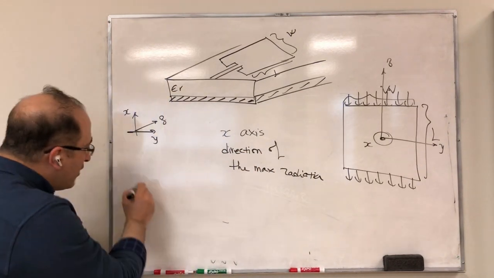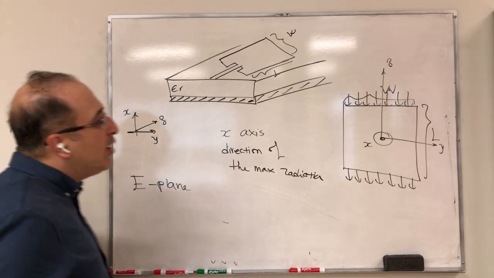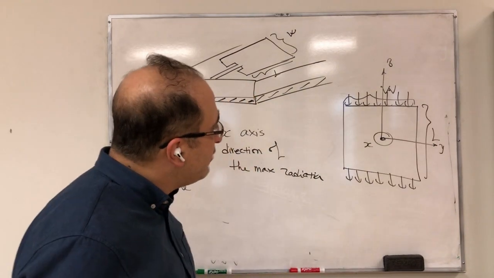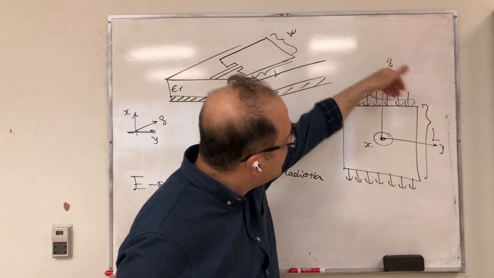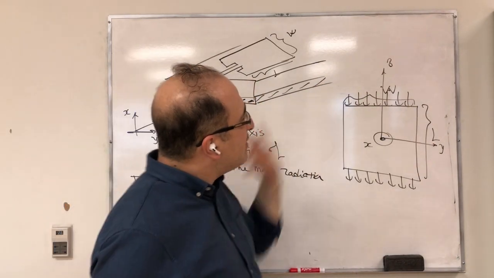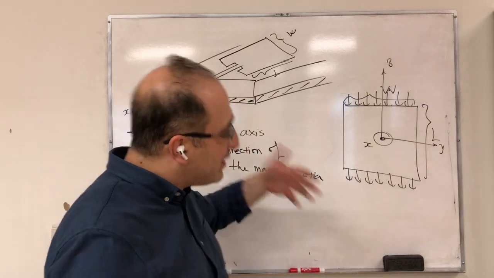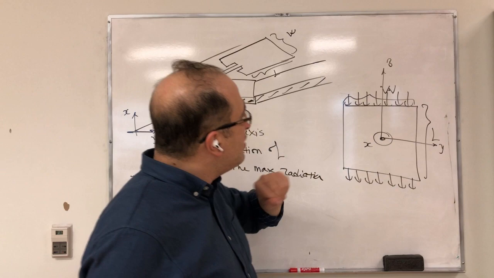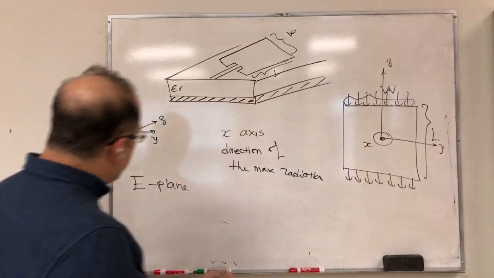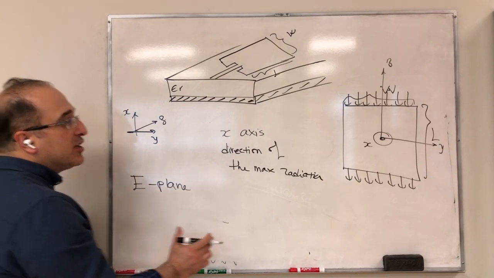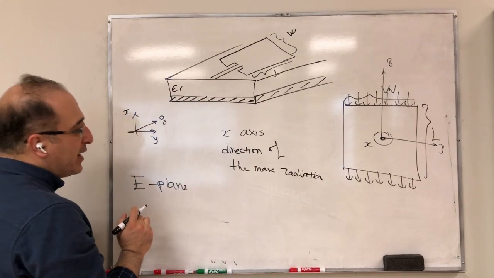Now, to identify the E-plane, I ask myself, what is the direction of the electric field? This is obvious from here. The electric field is in this direction, so it is in the Z direction, or minus Z in this particular plotting. It doesn't matter, it's along Z. So the electric field is along Z, and I have my X. Therefore, the E-plane is the combination of the direction of the electric field and the direction of maximum radiation.